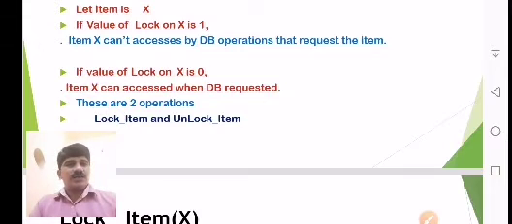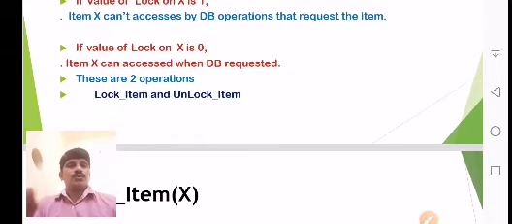Why? Because it is unlocked. If it is locked, we can't perform any operations on a particular database, whether it is table level, database level, page level, row level or field level. If it is unlocked, we can perform all the transactions.